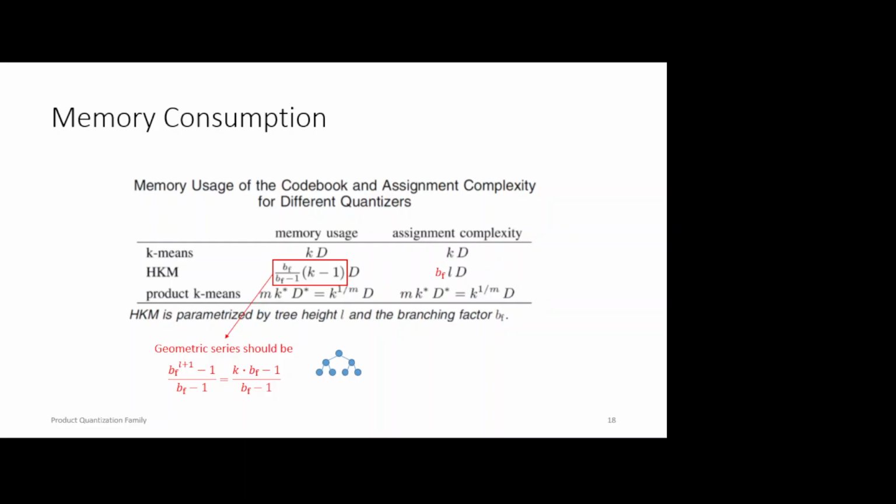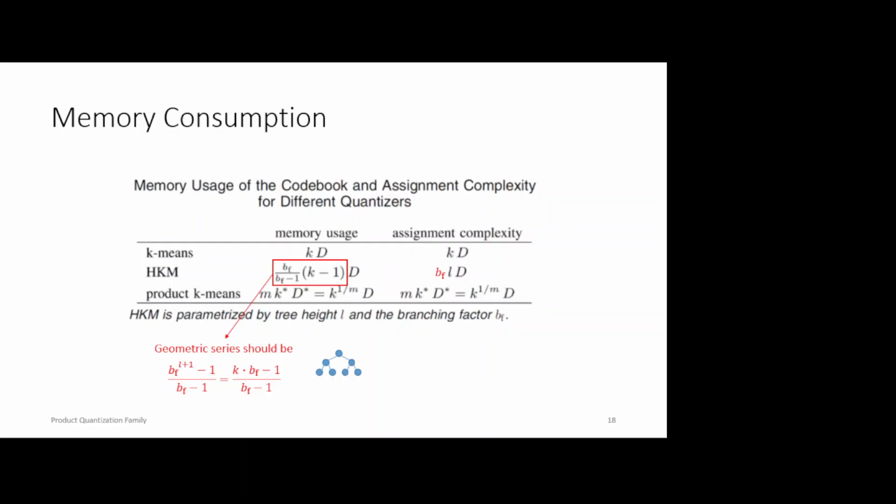The data is separated into two clusters. And for each cluster, we apply K-means again to separate it into two subclusters. So it forms a hierarchical structure. It's called HKM, the hierarchical K-means.